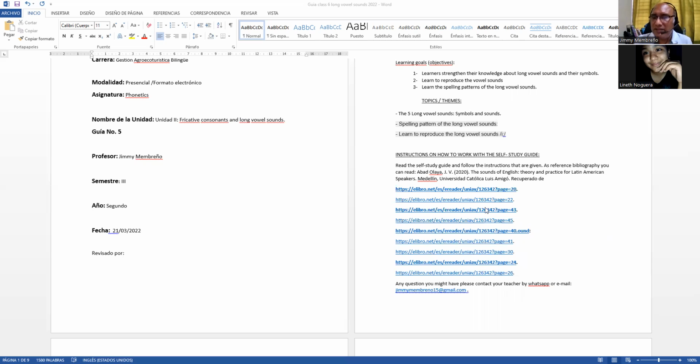These are the pages where the information related to long vowel sounds is located in the book. So when you download the guide, you can click in there. You can enter the virtual library of the university, and you can read more and practice more. You will find more vocabulary related to these sounds.